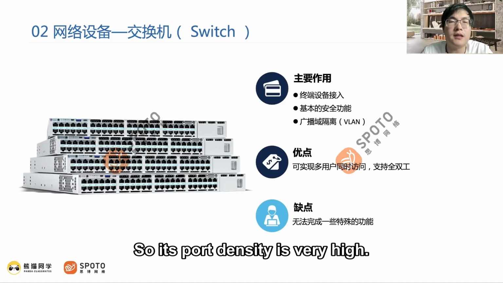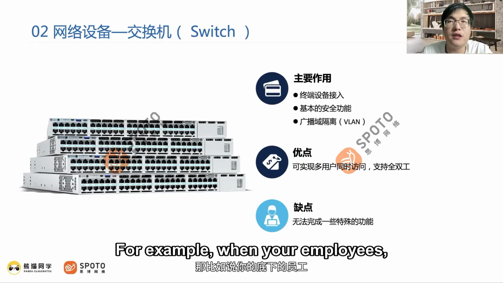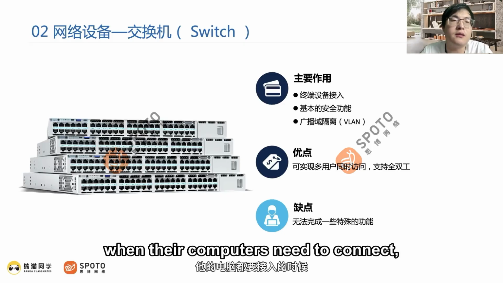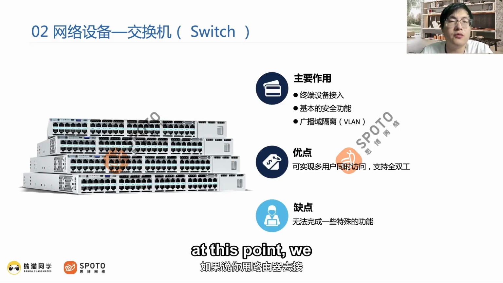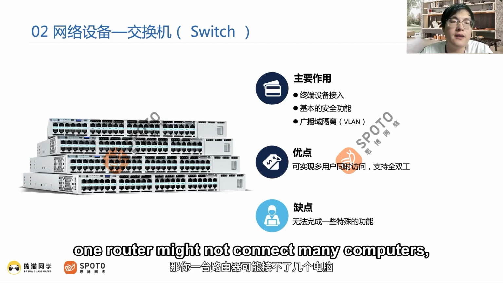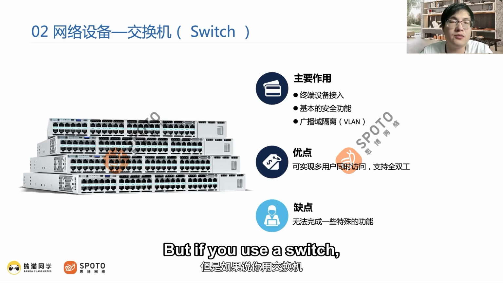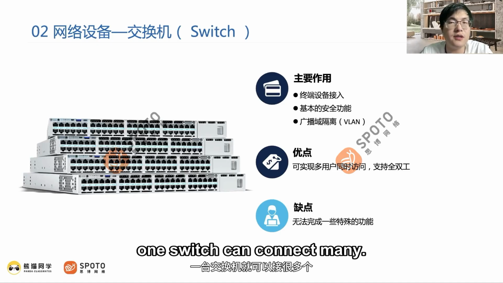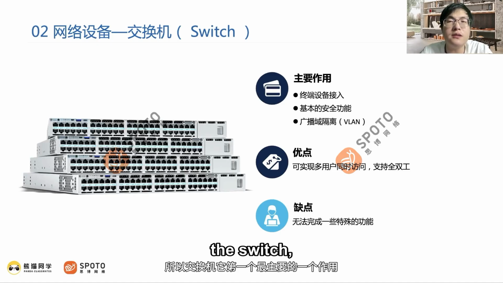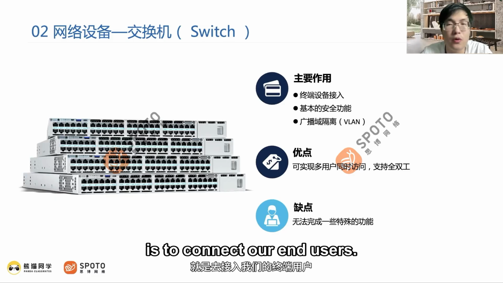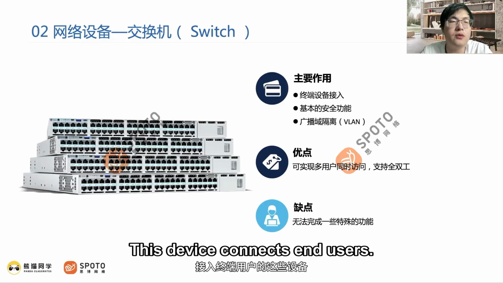So when your employees' computers need to connect, if you use a router, one router might not connect many computers, but if you use a switch, one switch can connect many. So the switch's first primary function is to connect our end users.